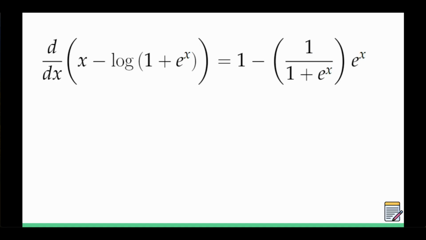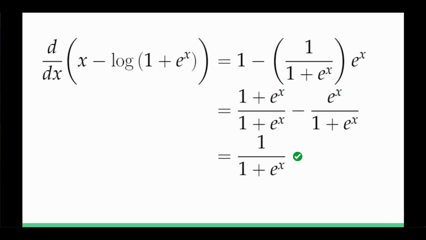Now it's time to take the derivative. The first term is nice and easy. The derivative of x is 1. The second term involves a logarithm of a function, which, by the chain rule, is 1 divided by the inner function times the derivative of that inner function. Spend a moment proving this to yourself.